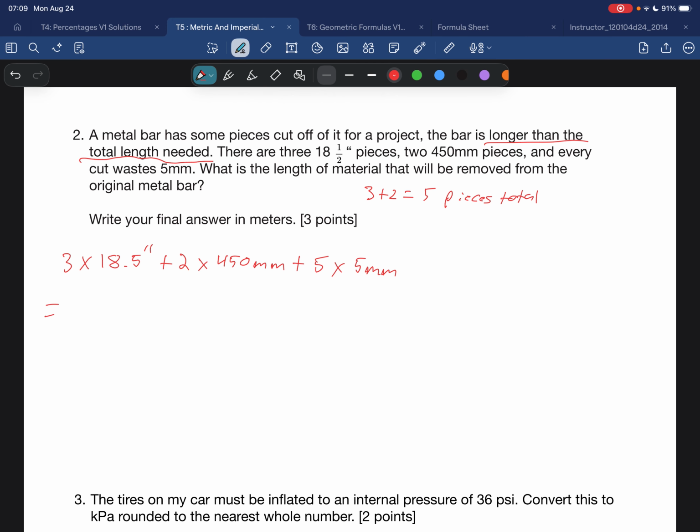So that is everything here. So we're going to have some length needed for each of the waste amounts for every cut, as well as the actual amount needed for all the bars that we need. So adding all of these together will give us our answer. But first we need to do some multiplication and figure out some unit swaps.